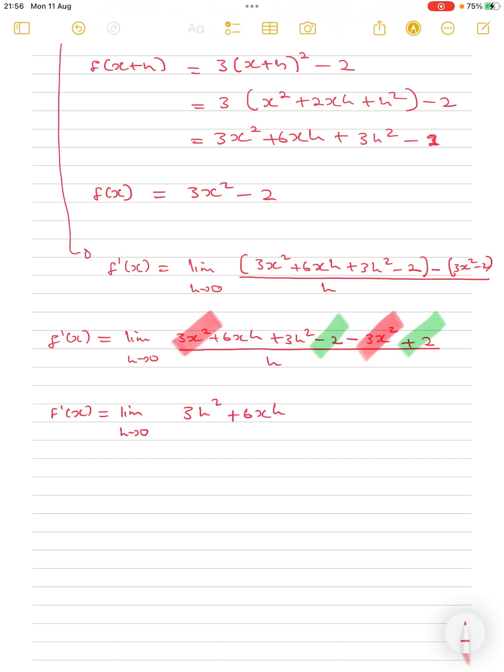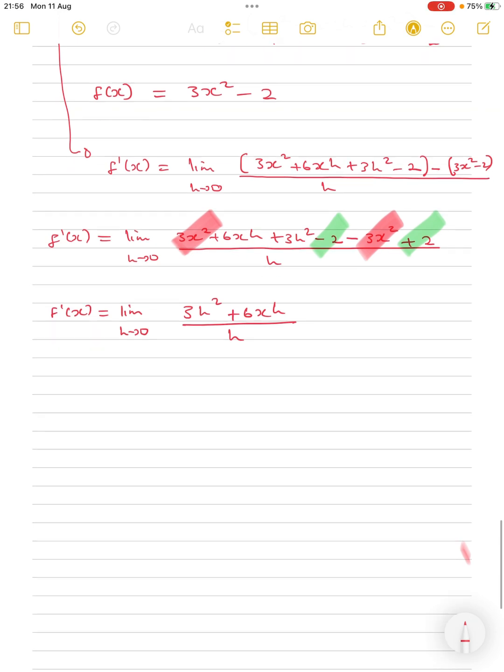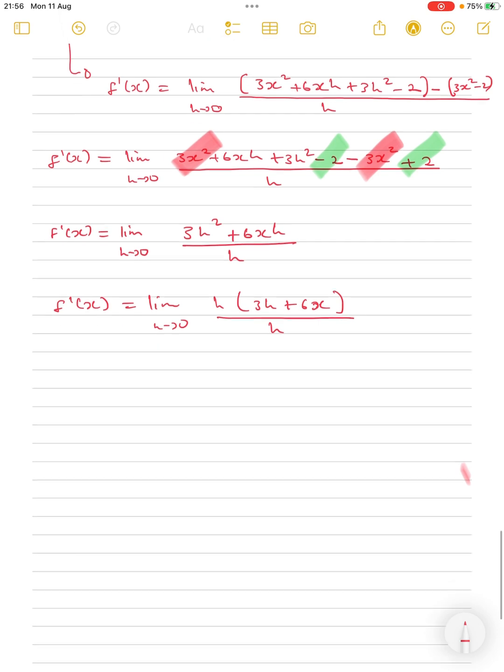Okay, so this is what we have over h. The rest gone. So what do you see that is common here? You can see that we have a common factor that we want to factor out, which is h in this case, into 3h plus 6x, divided by h.